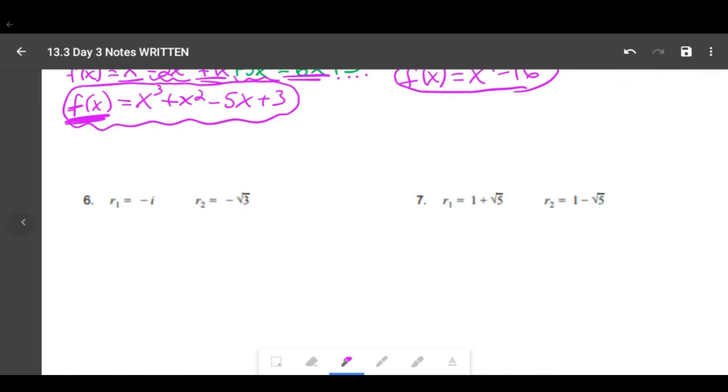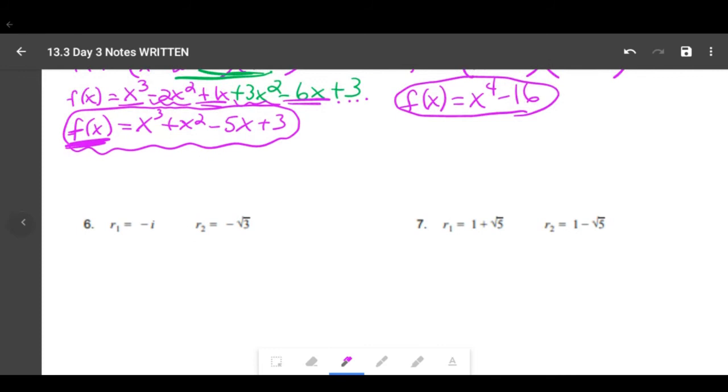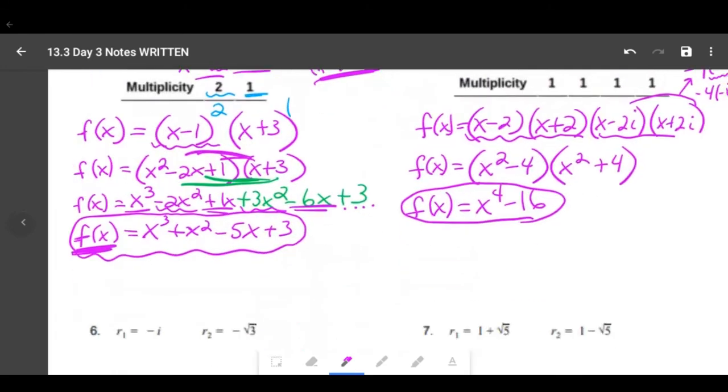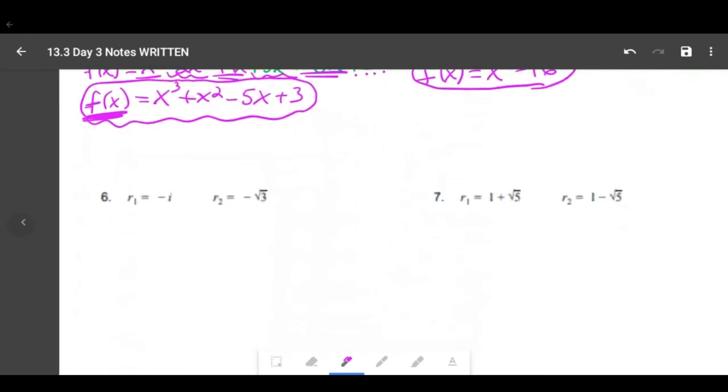Now, here's the tricky thing when you look at number 6, because it wants a polynomial in that form. So what I have to look at is that you should realize, or hopefully remember, that all your imaginaries come in pairs.